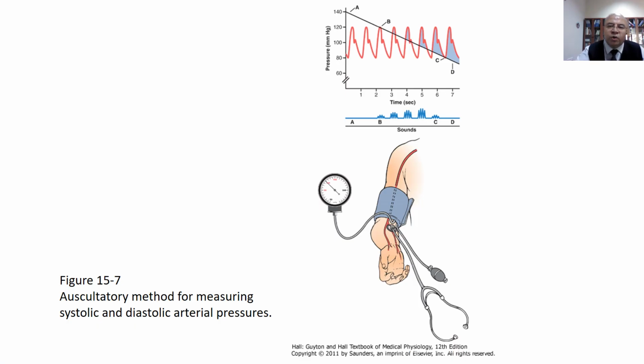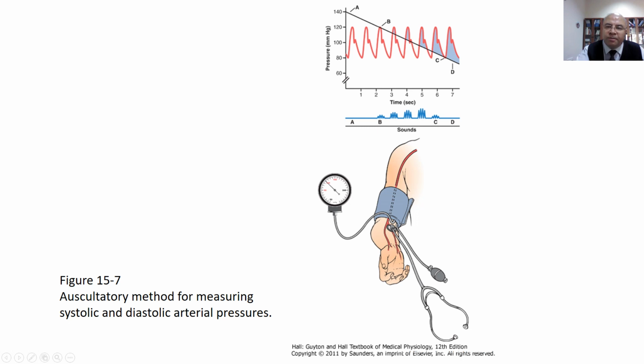Okay? So here you see this is the cuff, this is the stethoscope and the manometer. You inflate the cuff over the estimated systolic pressure and then start to decrease the pressure in the cuff. When the pressure is very high, blood does not flow in this artery, so no sound can be heard.